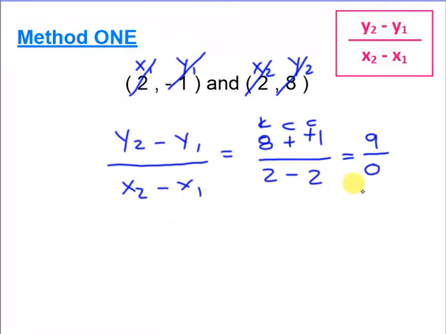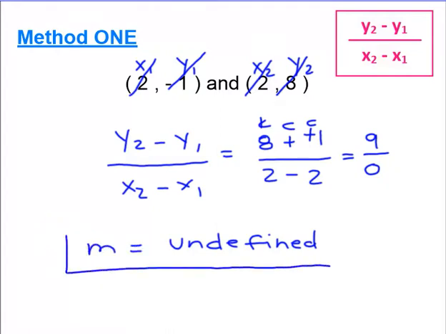That's because when your 0 is on the bottom, this is going to tell you that this is an undefined slope. So m equals undefined, which means if your slope is undefined, it must be a vertical line. Okay?